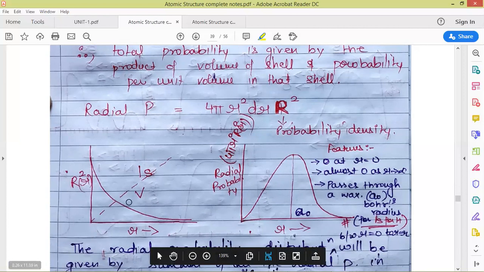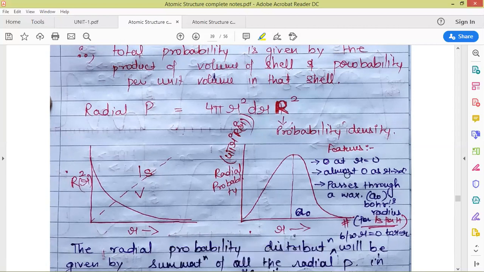Further, it passes through a maxima, which has been shown here. And at infinity, it becomes 0, as volume can never be 0 at infinity, but this term is going to be 0. So both are compensating each other and giving us the value of the overall radial probability.